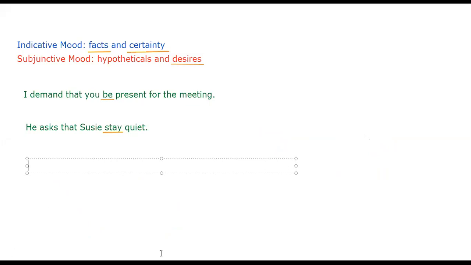Hold on, let me just make sure I actually did conjugate that verb correctly. I hope I got it right. Yeah, okay, it does have an accent. Just making sure. I don't want to feed people wrong information.